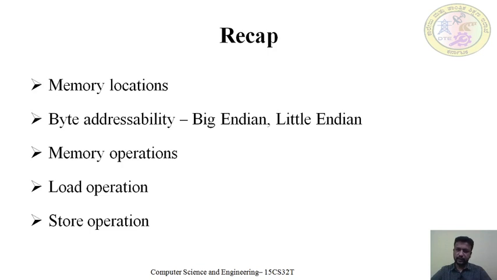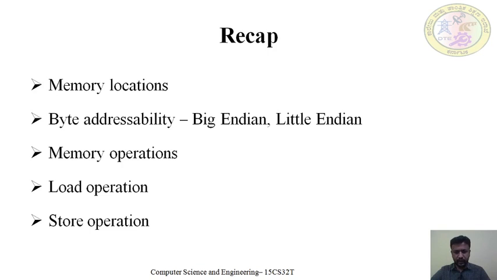In big endian assignment, the lower byte addresses are represented in the most significant byte, that is leftmost byte. So the assignments are from leftmost to rightmost, that is most significant bit to least significant bit, 0, 1, 2, 3, 4, 5, 6, 7.